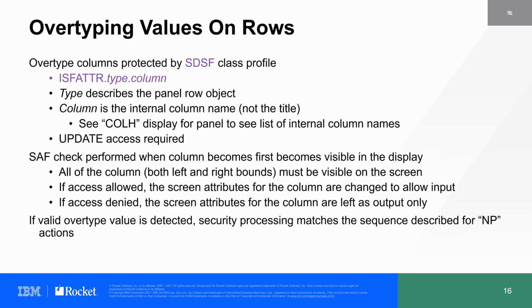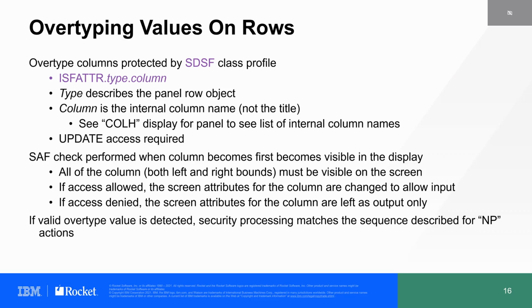Overtyping values on rows. Okay, so we've covered going into a panel. We've covered taking an action, typing something in the MP column. But you're also in SDSF on various panels, you can overtype a column, but you can only overtype a column value if you have update access to a profile called isfattr.type.column.